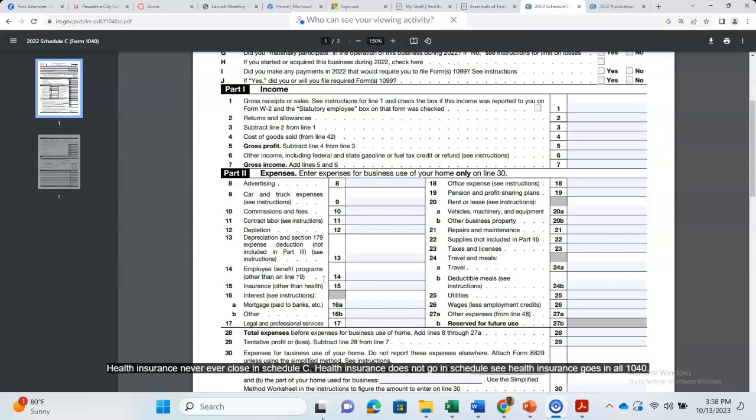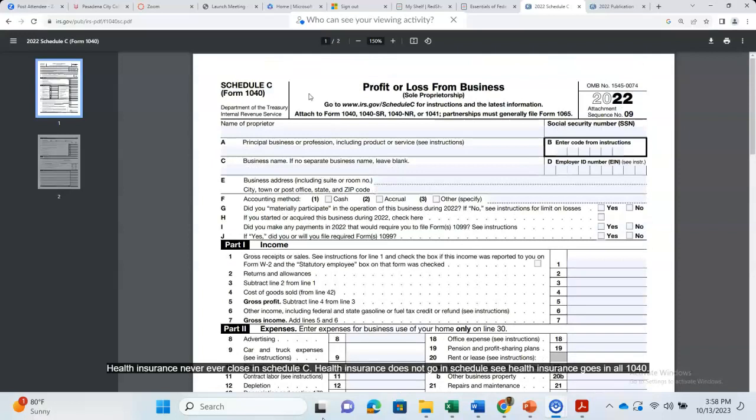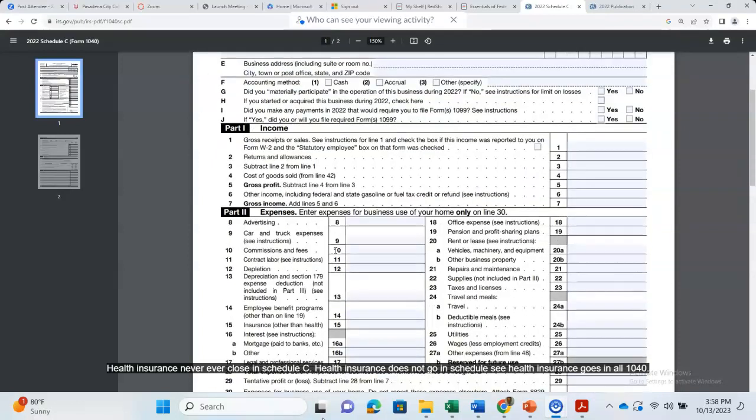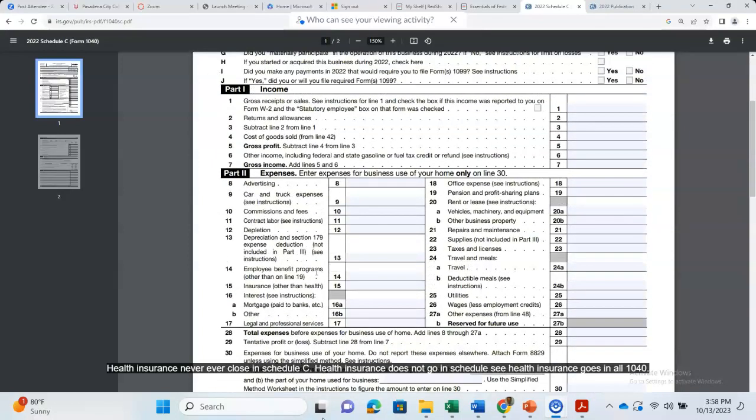Health insurance never ever goes in Schedule C. Health insurance goes in Form 1040. And the deduction is maybe on one of those schedules, Schedule 1 or Schedule 3, something like that.